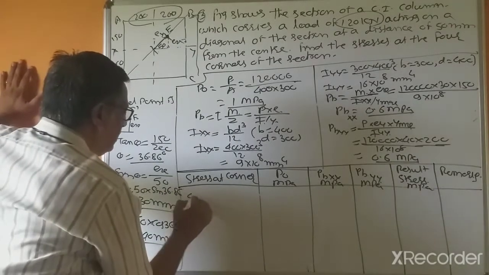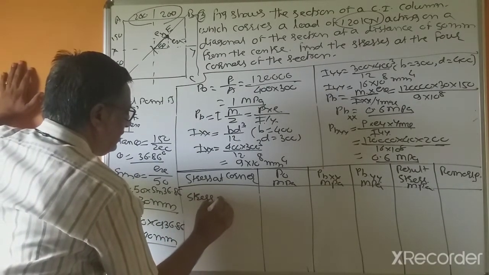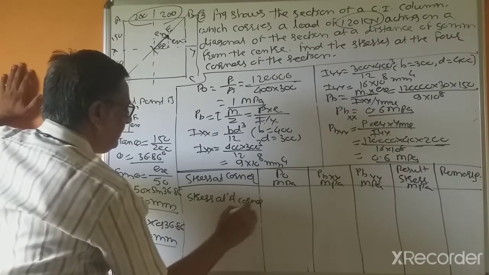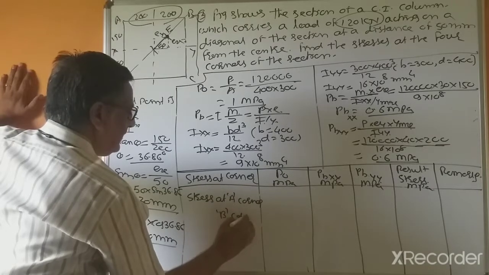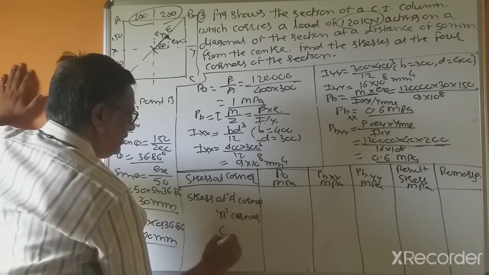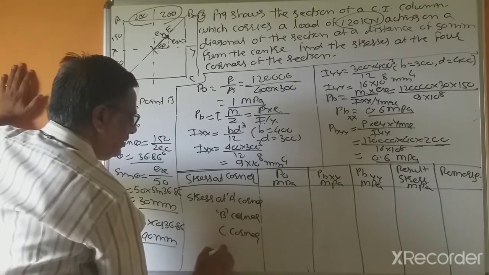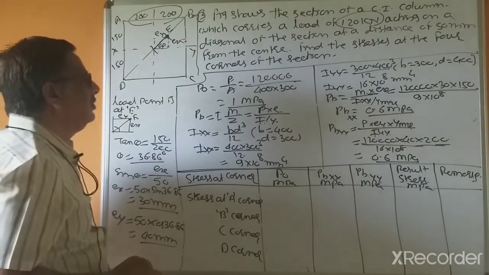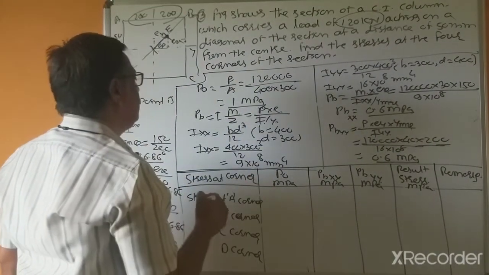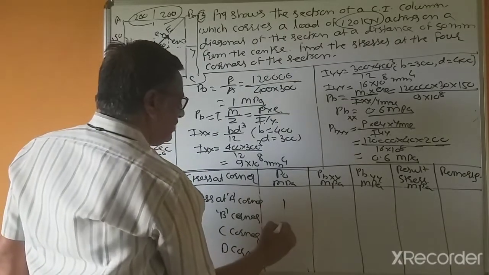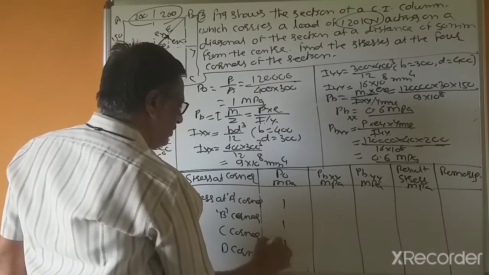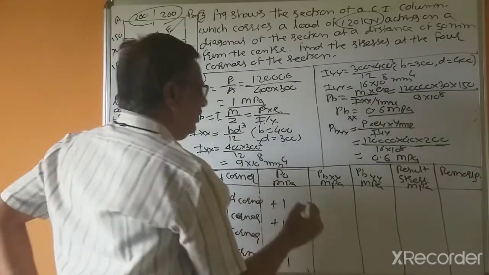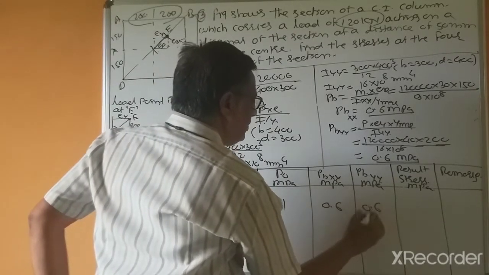Now stress at A corner, B corner, C corner, and D corner. Direct stress is 1 megapascal, and this is positive. PB XX is 0.6, and this is also 0.6.